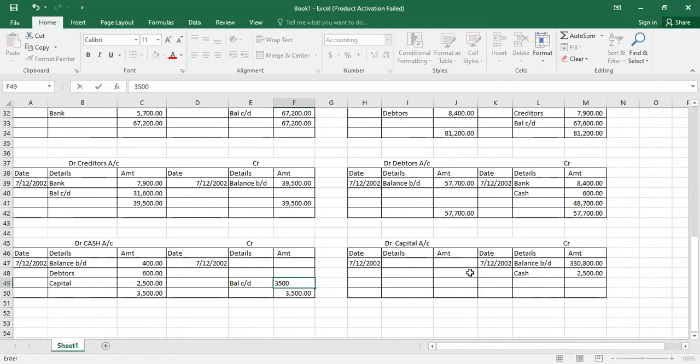And the last but not least, the books are balancing at 330,800. So the balance carried down is 333,300. There we are.